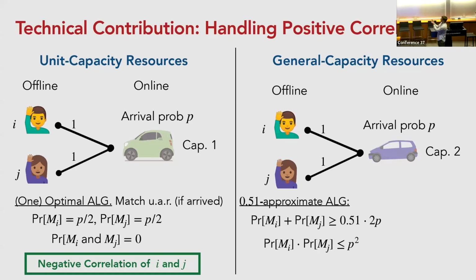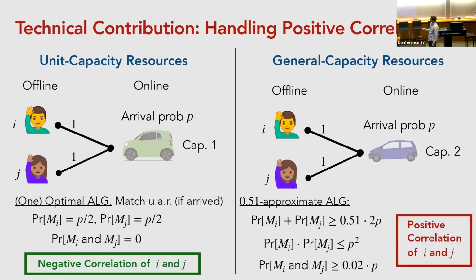So if the sum of these probabilities is more than p, there's going to be something in the intersection, right? In particular, if you do the calculation, the chance that both happen is going to be at least, in this case, 0.02 times p. So notice if I take p very small, it's definitely going to have some form of positive correlation.